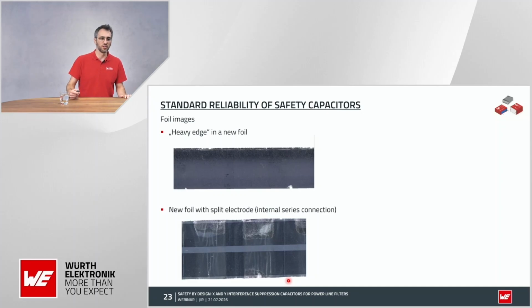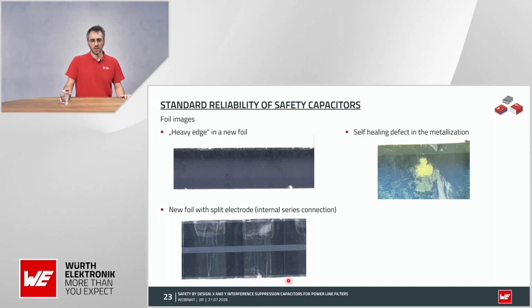As I said, this is also a new foil. This is a very zoomed-in image of a self-healing spot where you can clearly see the metallization is gone, and in the middle, it's not easy to see, but there is a white spot where the dielectric is also gone. But this is zoomed in. Normally, it's not on the same scale as the other picture.